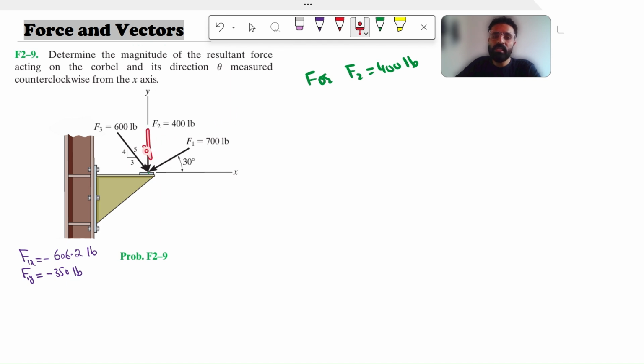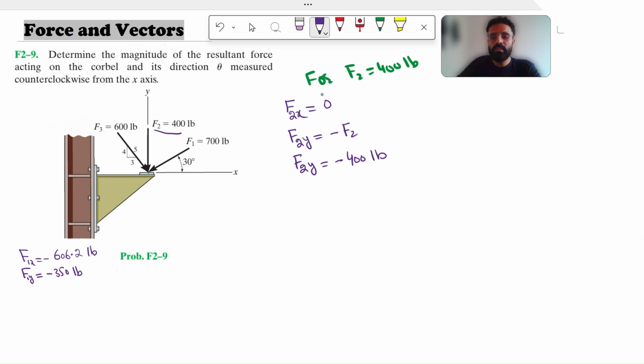It is directly acting along the y-axis, vertically downward, so it has only a y component. So for F2, F2x will be equal to 0, and F2y will be equal to minus F2. It is directly equal to this force. So F2y will be equal to minus 400 pound.